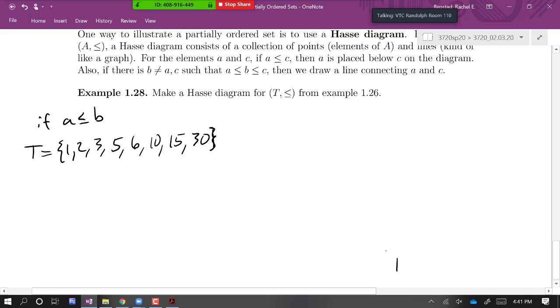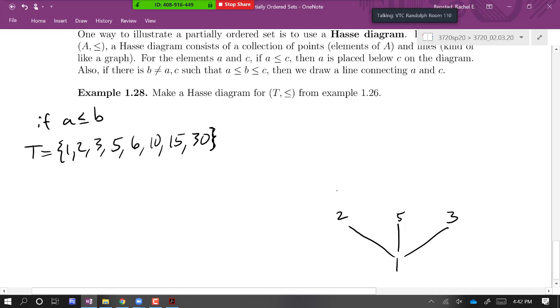So from here I'm going to use just the primes. I'll put 5 here, 2 here, and 3 here. The whole diagram looks a little better if I put 5 in the middle. And I put the primes there because nothing can go in between. We draw a line from 1 to 5 because 1 is related to 5 and 1 isn't related to anything in between.